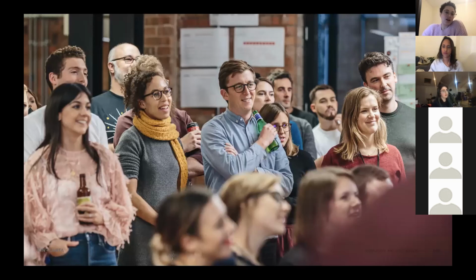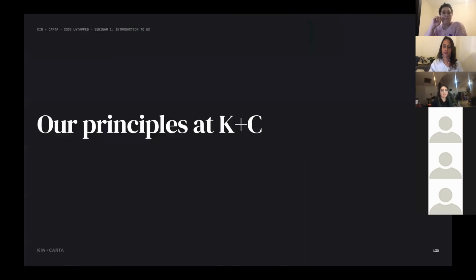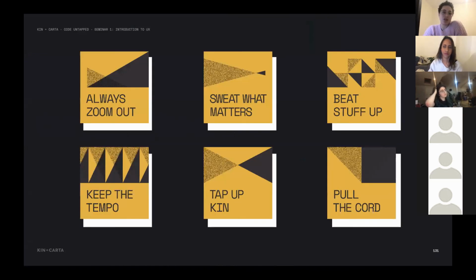And at Kin+Carta, what we call ourselves K&C, principles and ways of working. So you have different principles and ways of working wherever you go. We'd just like to share ours with you today. So we've got always zoom out. This is taking a step back from the details and looking at the bigger picture, always providing context for those around you.